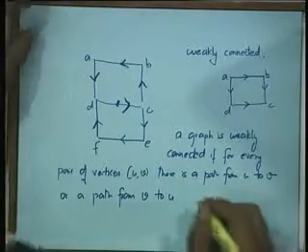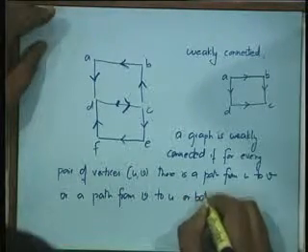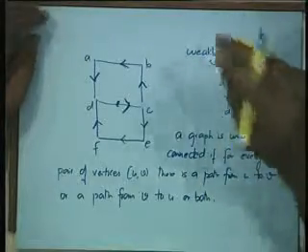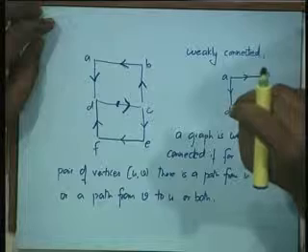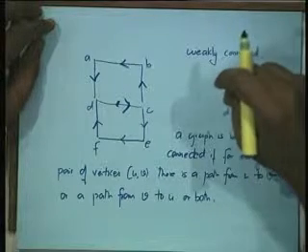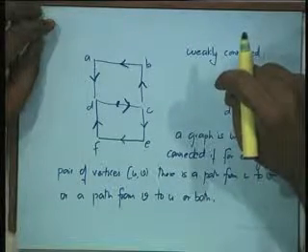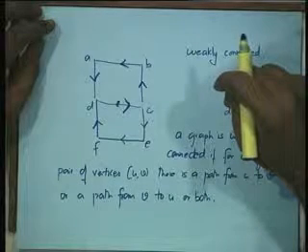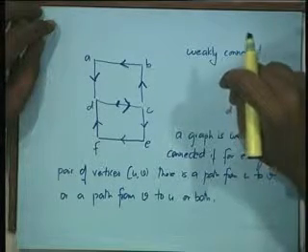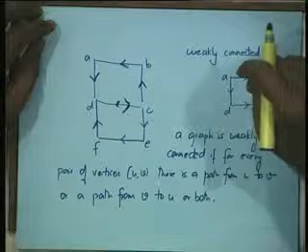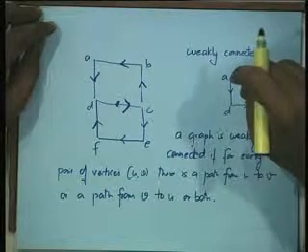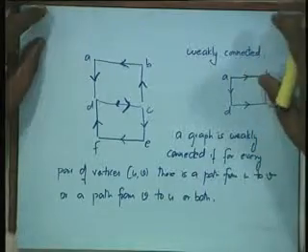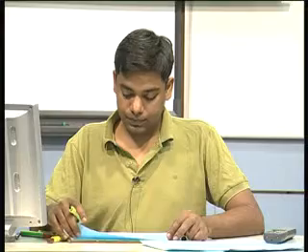If both the paths are there, it is okay, and this should be true for every pair of vertices. This must be true for every pair of vertices. Then we will call that graph weakly connected.